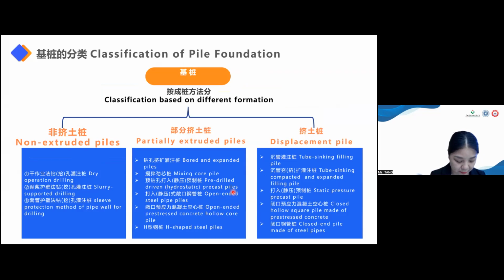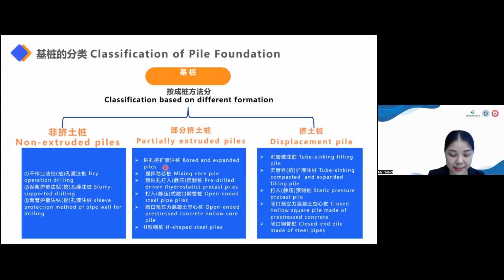Foundation piles can be divided into non-extruded piles, partially extruded piles, and fully extruded piles according to the pile forming method. Among them, dry auger drilling, slurry supported drilling, and sleeve protection drilling belong to non-extruded piles.